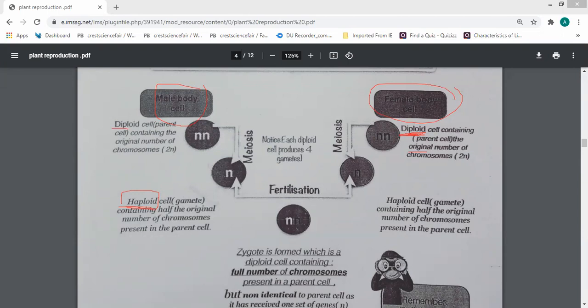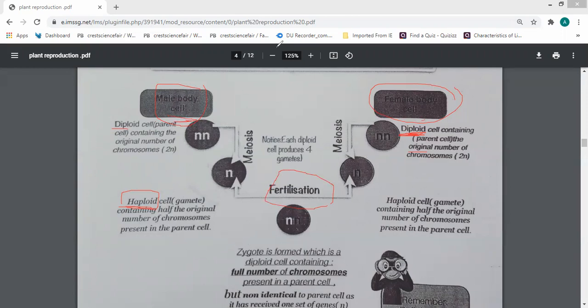Again, Muhammad, please. The diploid is the body cells, and the haploid is the sex cells. Yes, it's right. So diploid cells are for our body cells, and haploid for sex cells. After the fertilization, which means the fusion between the male sex cell and the female sex cell, a zygote is formed.